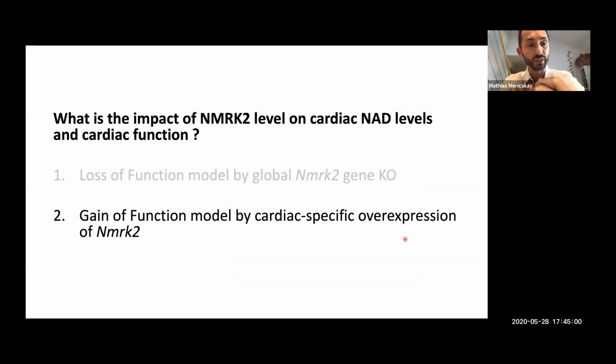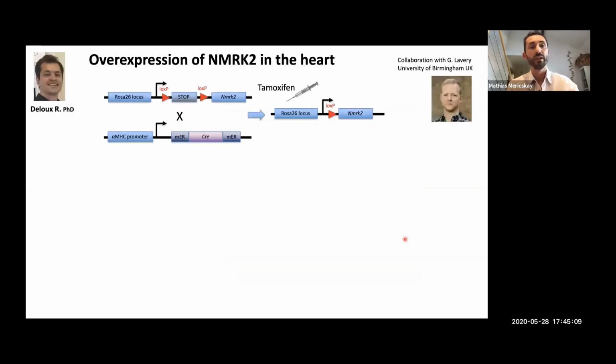Finally, I told you that we were developing a gain-of-function model, and I will give you a brief overview of the results we obtained with these mice. These are transgenic mice that we obtained in collaboration with Garrett Lavery at the University of Birmingham, who is interested in NMRK2 function notably in skeletal muscle.